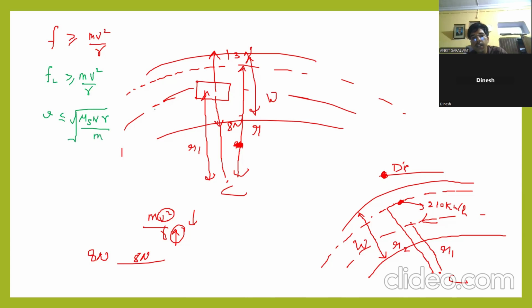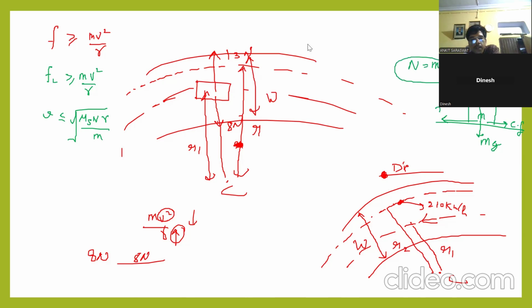Clear? Now what is N? If this car is on the road, this car is having mass M. Mg is down. If you look at this view, N is like this. Flat road, it is not banked. Centrifugal force is in this direction. Friction will be like this. Clear? Now here, normal will balance the Mg.